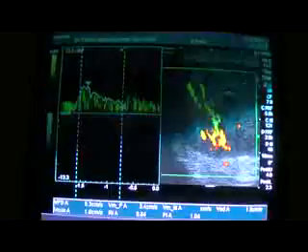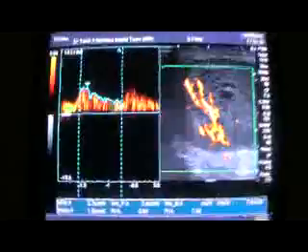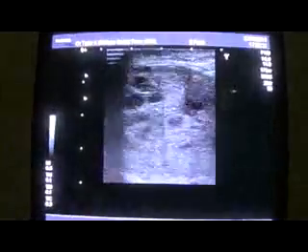So this is a case of multicystic testis possibly.